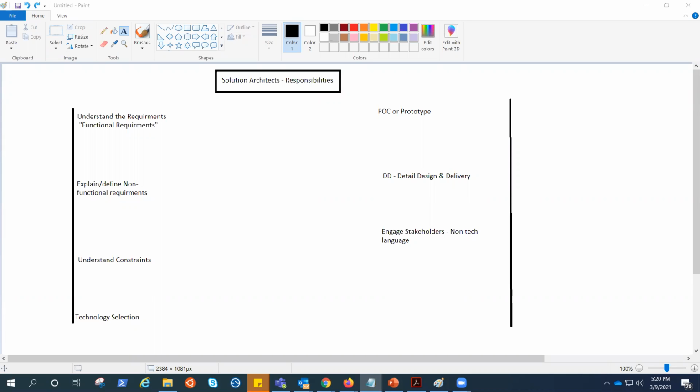So often stakeholders have a different understanding of the same business problem as per their context. For example, a developer may look at a business requirement from a coding perspective, while an auditor may look at it from a compliance and security perspective. A solution architect needs to work with all technical and non-technical stakeholders.